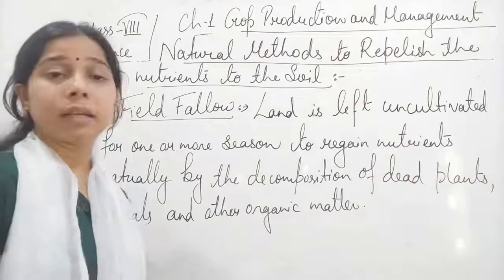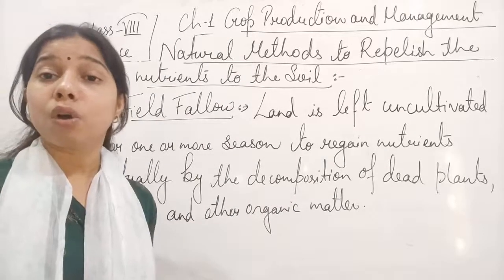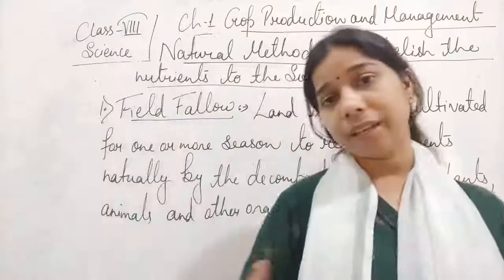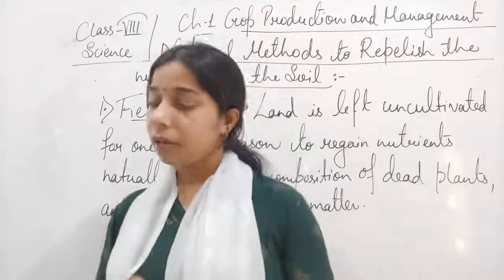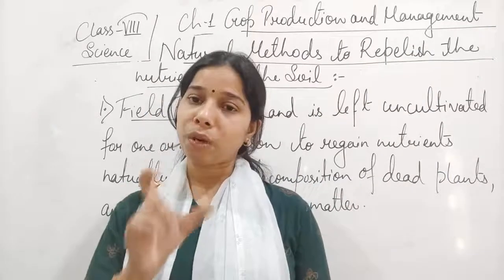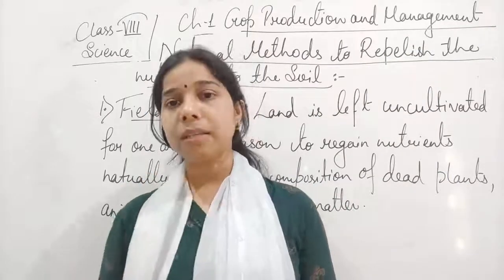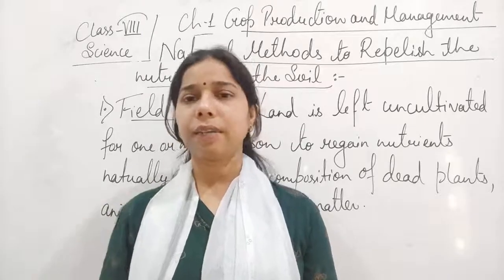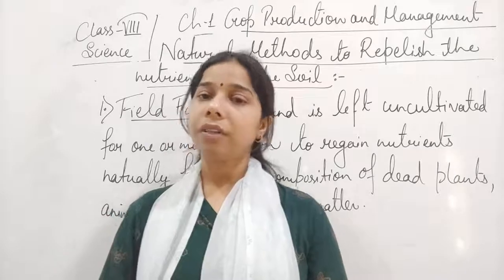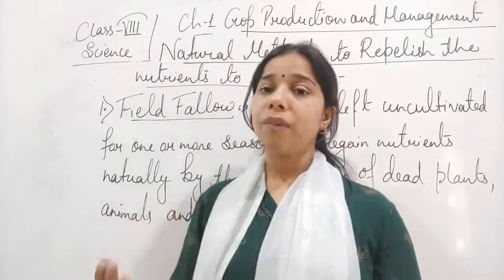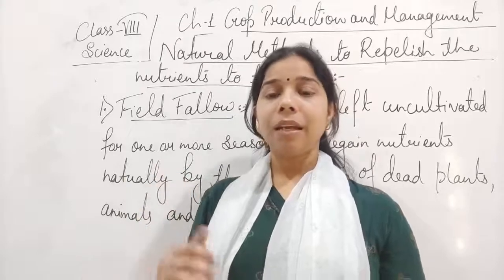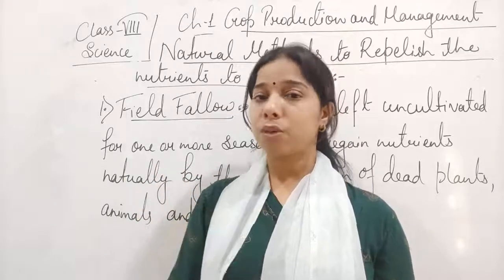Now the next method is crop rotation. In the case of crop rotation, the name itself explains a lot. In one season, one crop is cultivated, and in the next season we grow a crop which helps in giving the nutrients back to the soil.